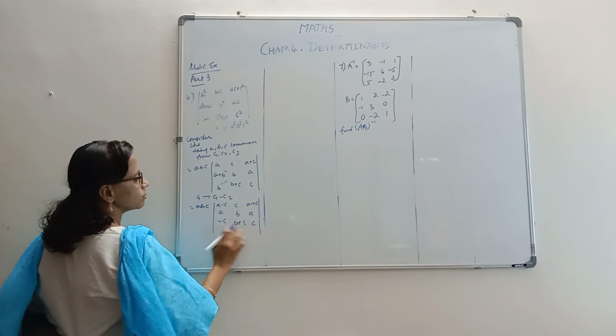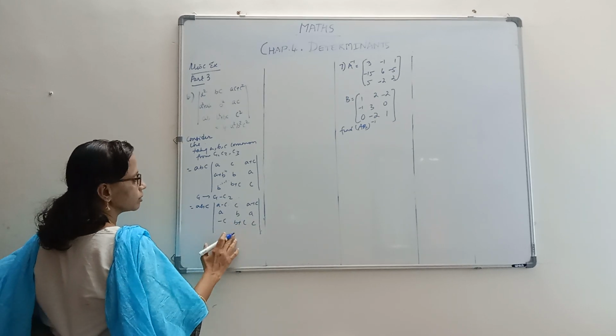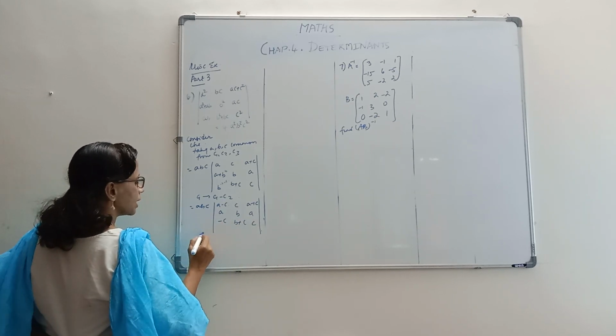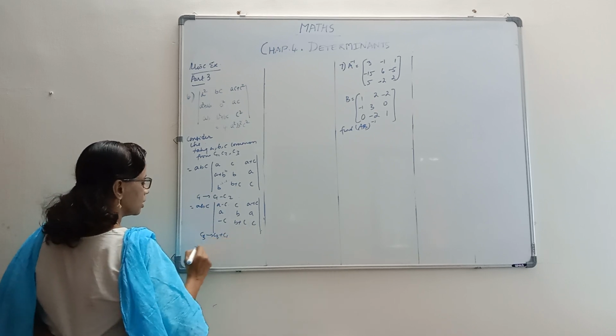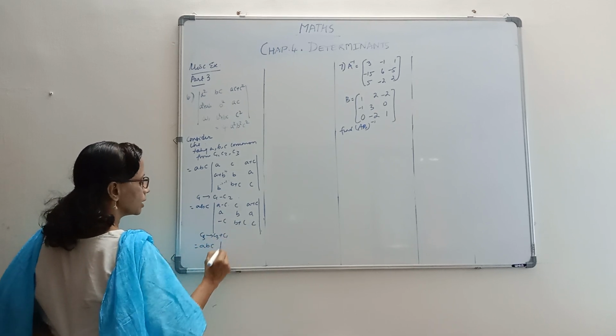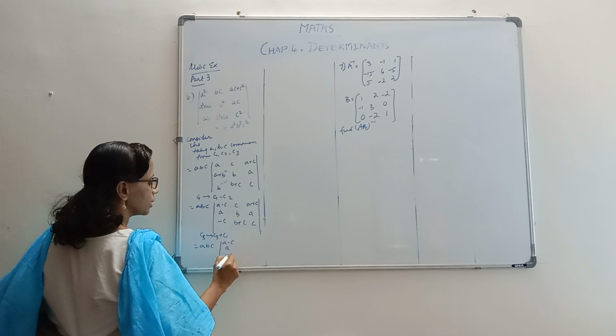We could have these two columns added up or subtracted, whatever it is. So let's have C3 getting added with C1. What is the advantage? You will have a minus c here, a here, minus c here.